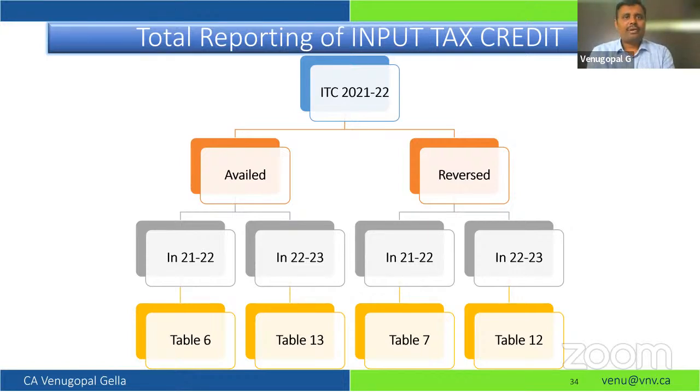Now, GSTR2A is a dynamic statement, it keeps changing. GSTR2B is static information which says this is the credit that you are eligible for this month. GSTR2B is like your cash flow statement, like your bank account, which will never change. GSTR2A is like your P&L account.